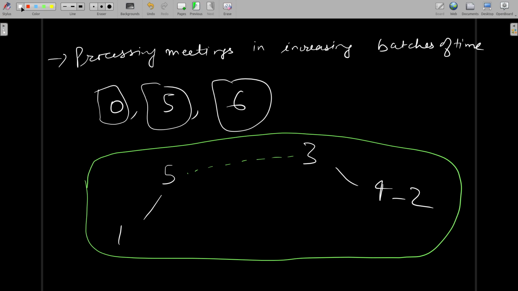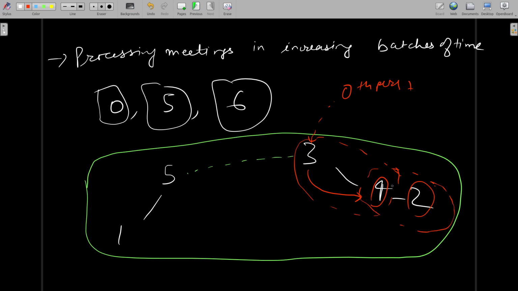Here in this particular instance, someone from outside the batch told 3 the secret, who was the 0th person. Okay, and 4 and 2 will come to know about the secret from 3, who will spread the secret to 4. Since they are in a meeting, and there was another meeting going on, 4 instantaneously spreads the secret to 2. So the secret will travel like this.